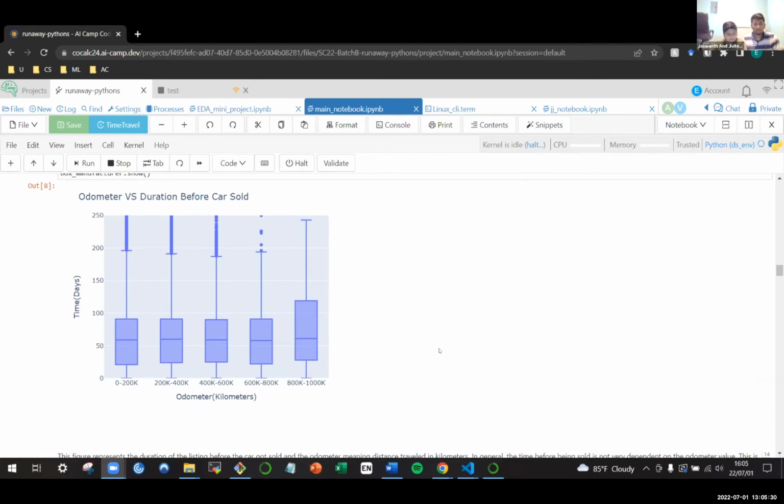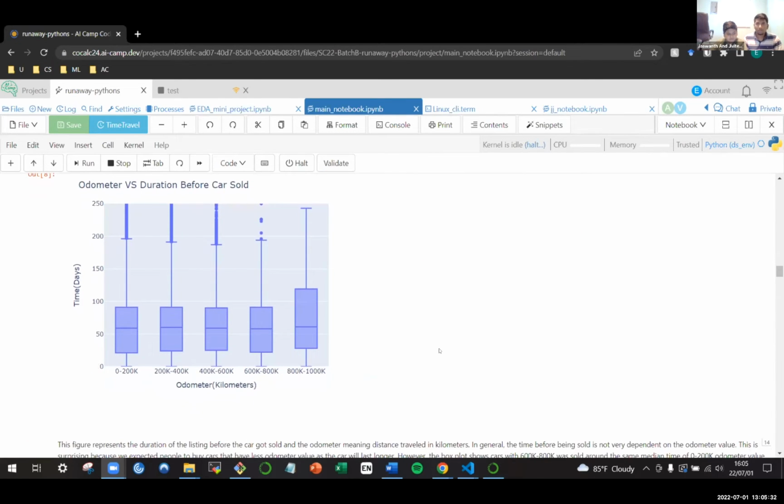This figure represents the duration of the listing before the car got sold, and the odometer, meaning distance traveled in kilometers. In general, the time before being sold is not very dependent on the odometer value. This is surprising because we expected people to buy cars that have less odometer value as the car will last longer.